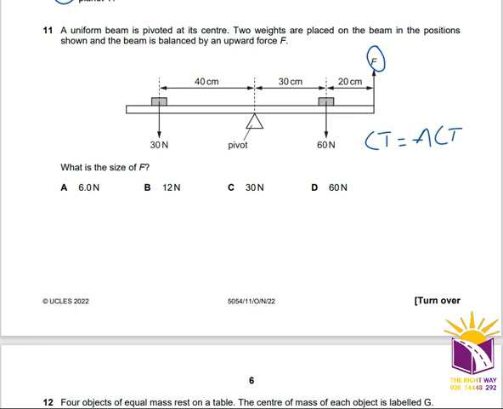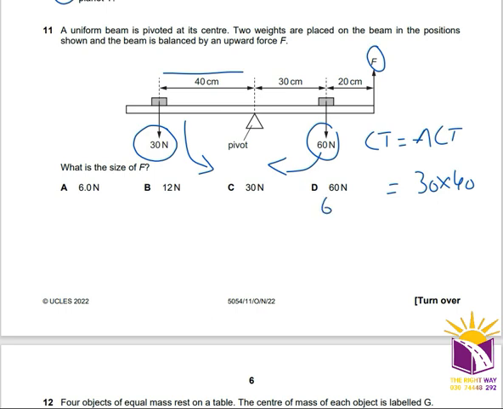So this 30 Newton weight will move the beam about the pivot in this position, so it is anti-clockwise. Writing it anti-clockwise, 30 multiplied by the distance, which is 40, is equal to, this 60 Newton will move the plank in the clockwise direction, so it is 60 multiplied by 30 on the clockwise side.